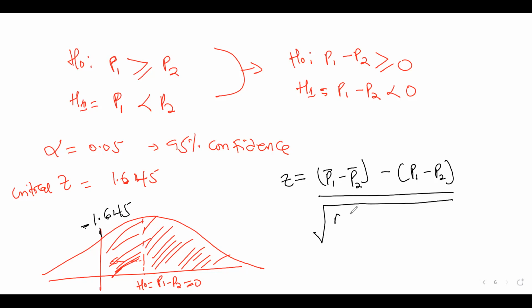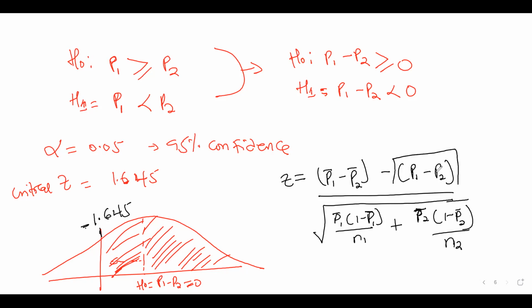So proportion 1 into bracket 1 minus proportion 1, all over N1, plus proportion 2 into bracket 1 minus proportion 2, all over N2, okay? The population proportion difference, as we already know, is always hypothesized to be 0, all right? So that portion will be 0, like what I've circled here.